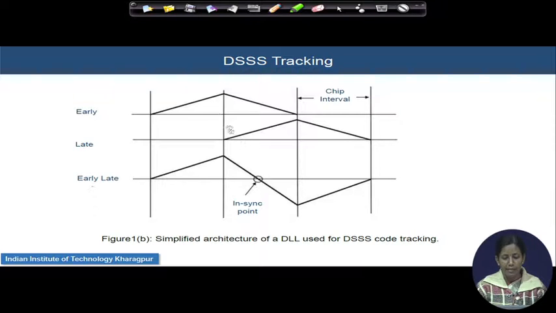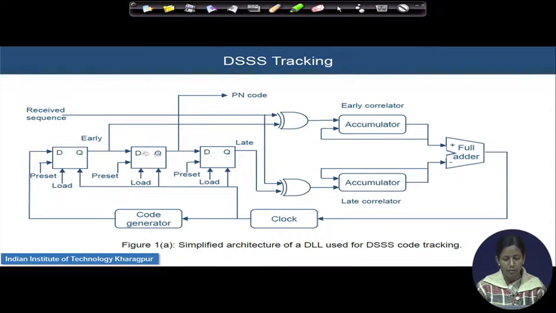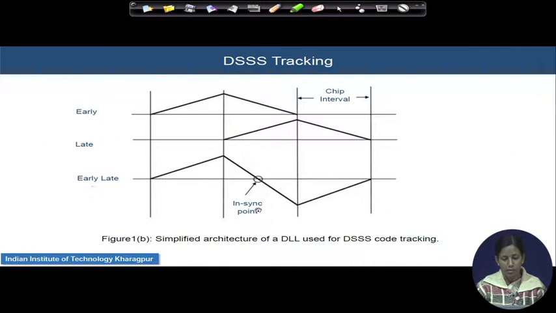So the late gate will start 1 chip interval delayed relative to the early gate. If I consider that this one is at 0, a correct synchronization point, the correct code state, the late gate will give me the structure like this.